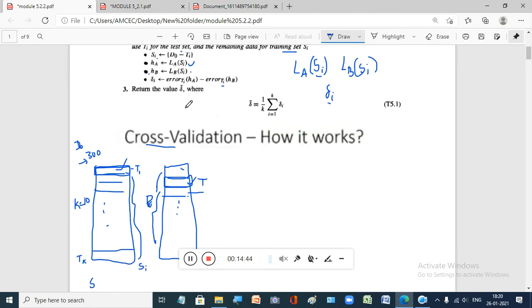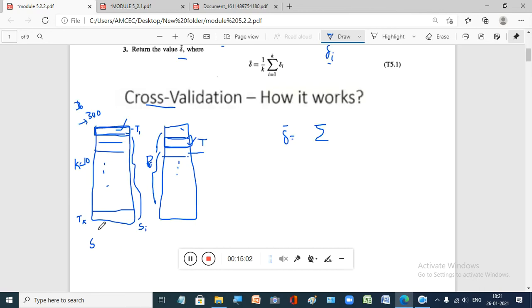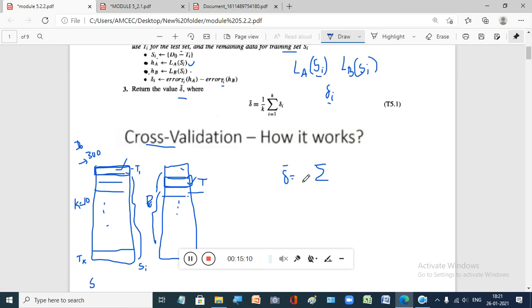First time, second time i equal to 2, i equal to 3, like this you keep on doing. When you go for i equal to 10, the last subset will be your test and all the remaining will be your training. Then delta bar is equal to 1 divided by k, where k is the number of partitions you have made, times the summation of all delta i. So you are going to find the mean error.